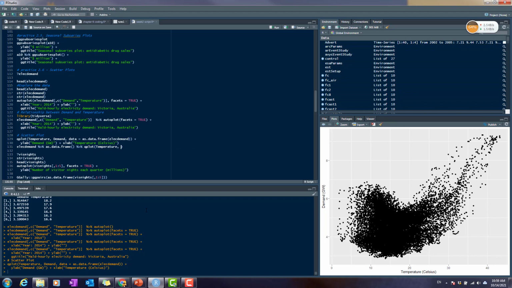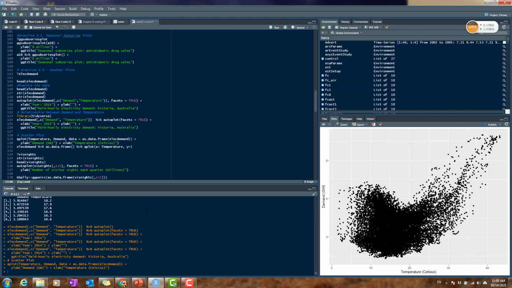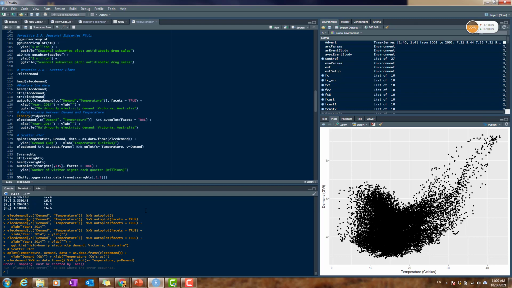okay, and the Y axis, or you can just put x equal to, right, the same thing, and y equal to demand. Right. Let's check it first. Okay, create with this asterisk. So the mapping has some error here, and it looks like I would not be able to do it like this.